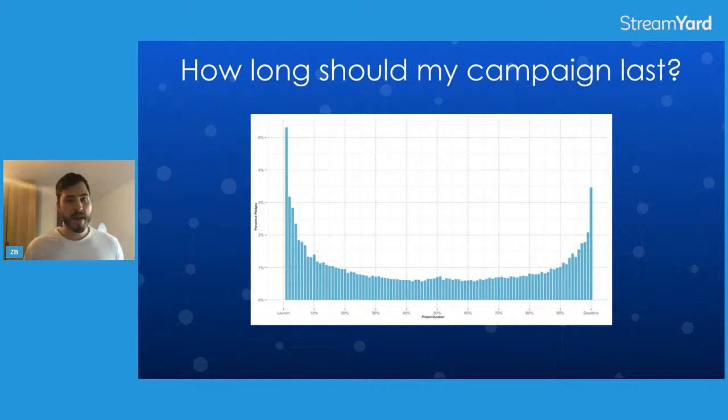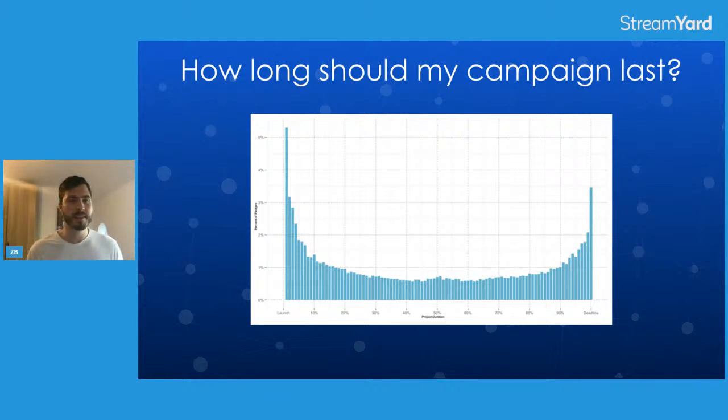How long should your campaign last? This is showing you guys the percentage of where the funding came from, over the duration of the campaign. So you can see for most campaigns, on average, you have a huge number of backers at the very start, at the very beginning couple of days, and at the very end.